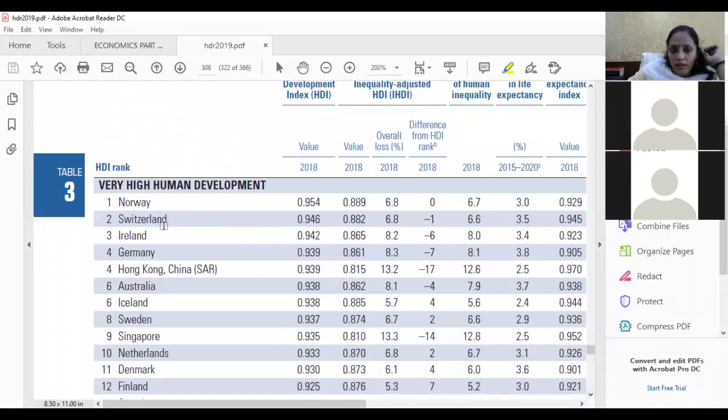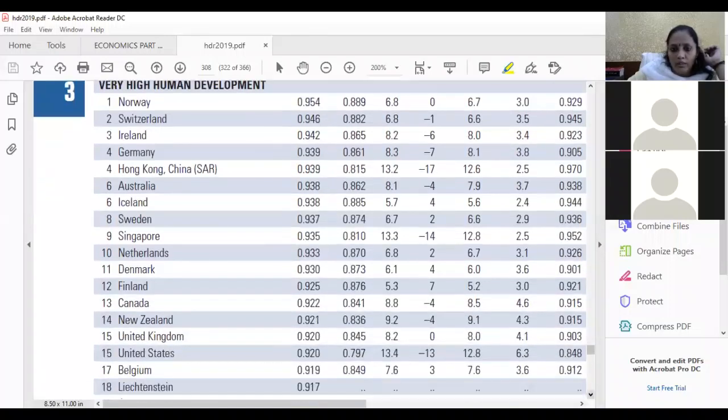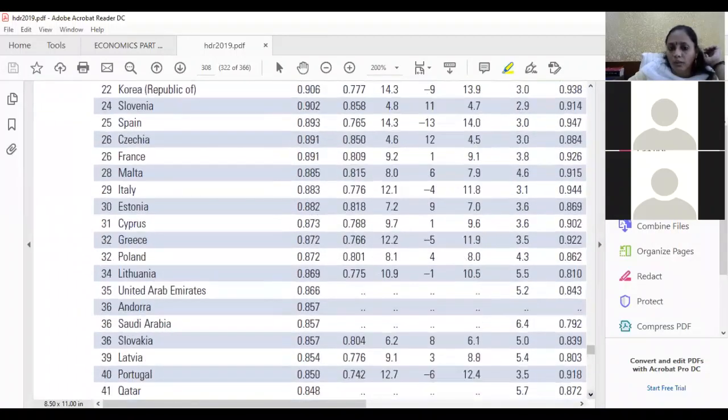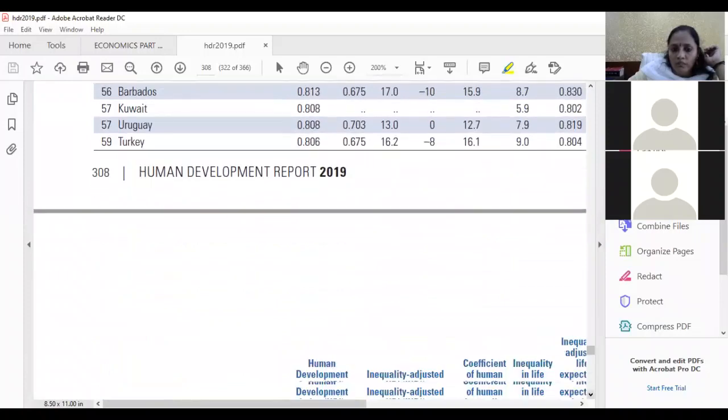But you can see there are lots of countries like Switzerland, Ireland, Germany, whose rank is actually becoming lesser than their HDI rank because they are losing value, right? So you can see that this value is getting converted into a lesser value because of the presence of the levels of inequality.